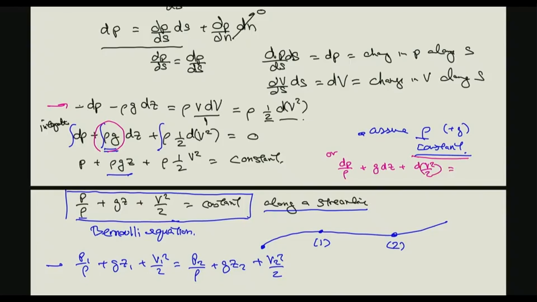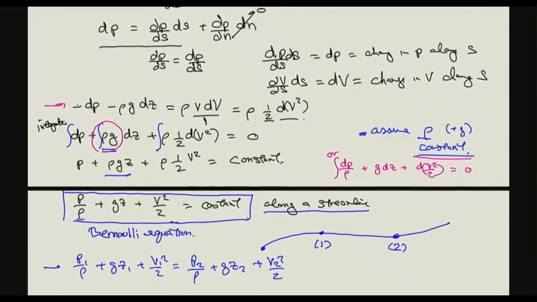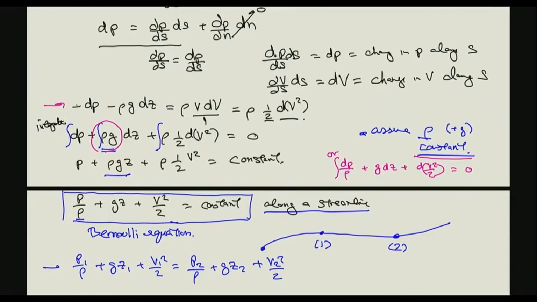So this is 0. So if we integrate, then there is this term here. So the other two terms are just g delta z and v squared over 2. But this term, if we left it to allow for considering density varying, and if we knew how density varied as a function of pressure, it would be possible to consider that case and relax that assumption.